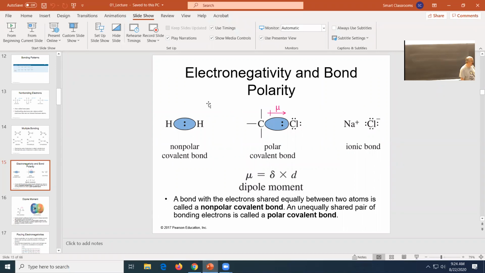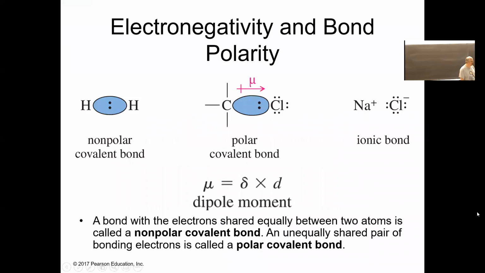Okay, we'll start with a review of electronegativity and bond polarity. A nonpolar covalent bond occurs when there's little or no difference in electronegativity between the atoms bonded to each other.